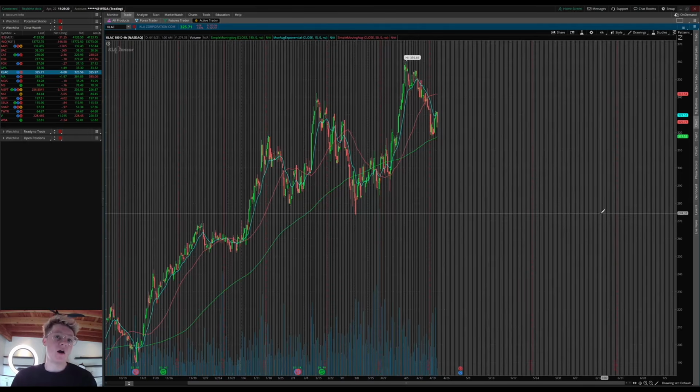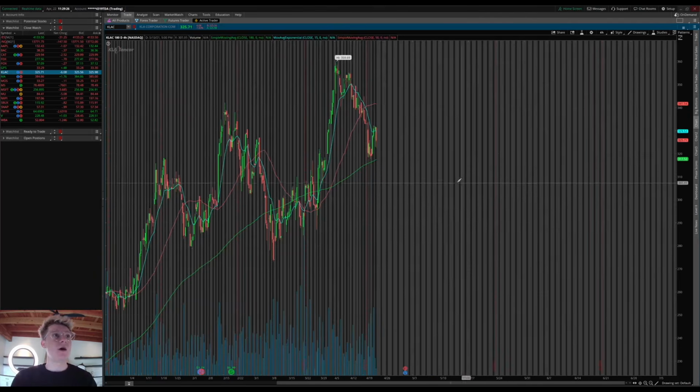Overall, we can tell this 180-day SMA has acted as support. What you need to understand is that most people are going to be putting their stops on this level. Again, we're trying to think about what most people are doing. Most people are going to be putting their stops on the 180-day SMA, on a major support level.